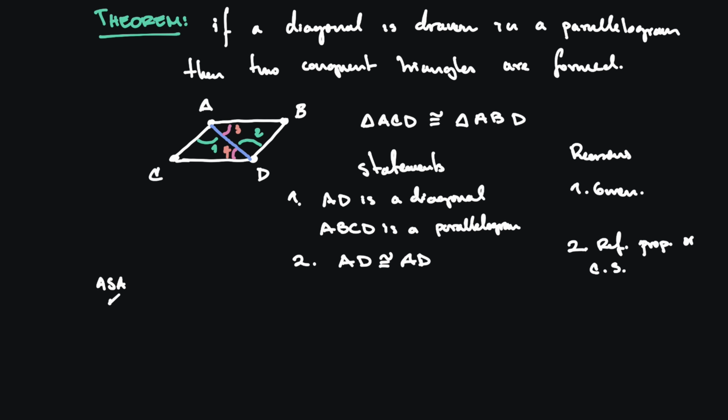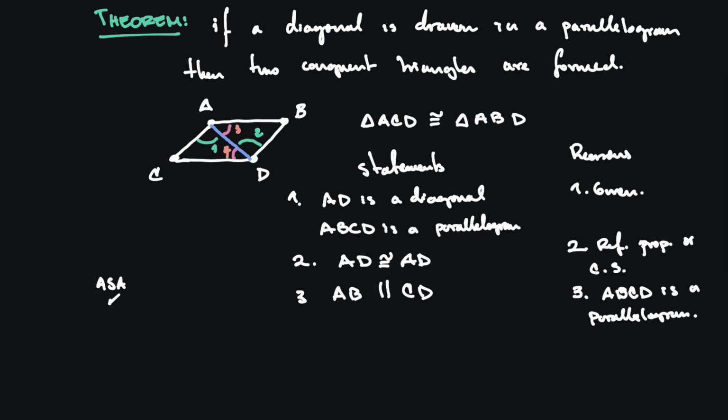Remember that AD is a diagonal, so it also works as a transversal, because since this is a parallelogram, AB is parallel with CD. The reason is that ABCD is a parallelogram.